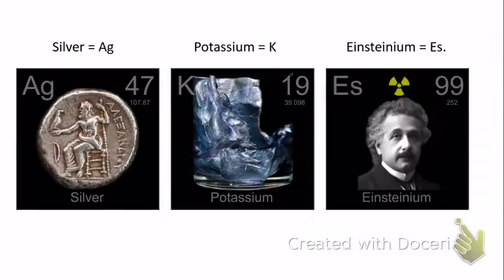So where do we find all of these elements that we're talking about? Well, they're located on the periodic table of elements. You have a periodic table of elements on the back cover of your study guide. All right, so here again we have silver, potassium, and einsteinium, which are found in boxes on the periodic table.